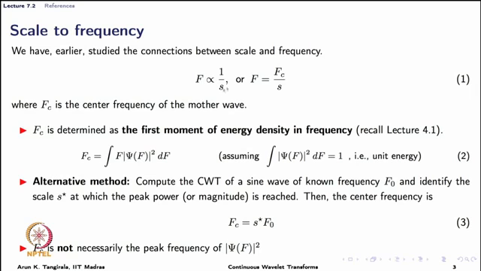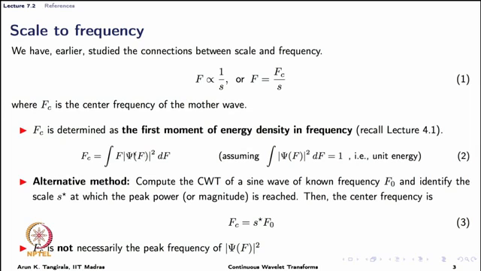So, coming back to the point, in order to convert scale to frequency, I need to find this proportionality constant Fc, which is the center frequency. Now, from our lecture 4.1, that is unit 4, we can recall the definition of center frequency. It is the first moment of the energy spectral density of any function.